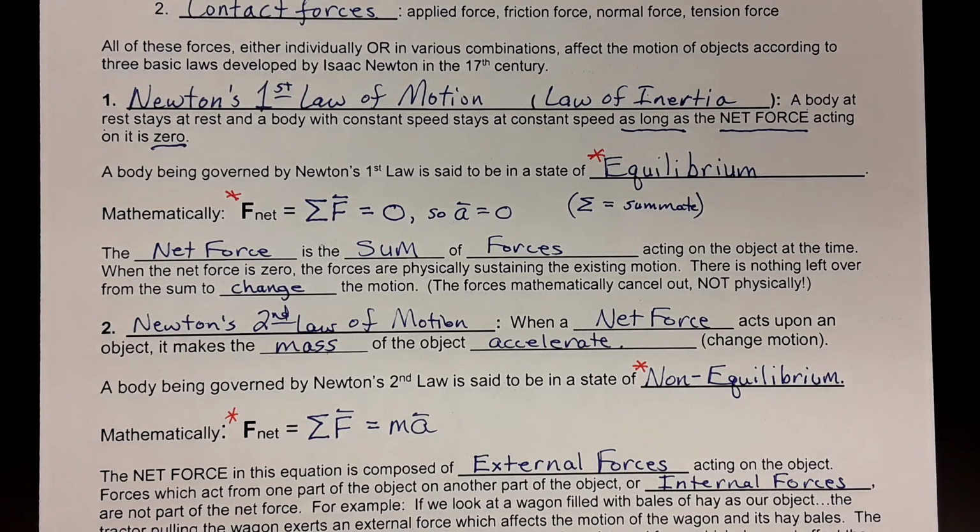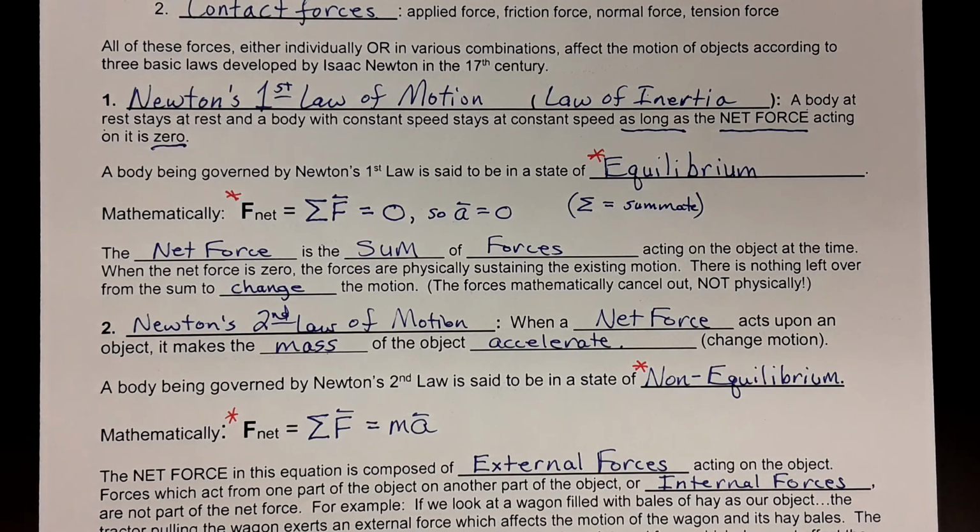Okay? So, if we look at the wagon and the bales of hay as our object, the tractor pulling on the wagon with its bales of hay exerts an external force. Okay, so the pull from the tractor acting on the wagon and the bales is an external force.